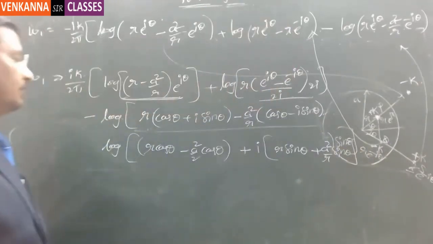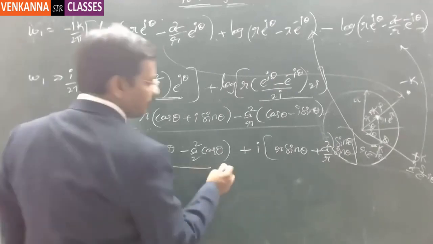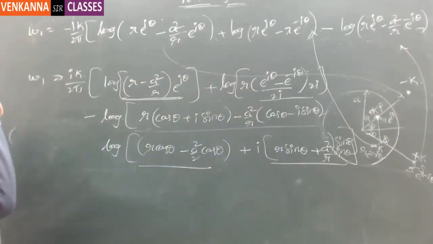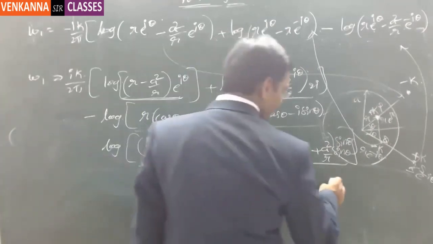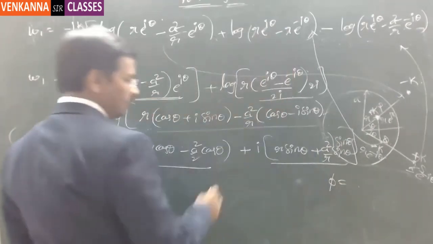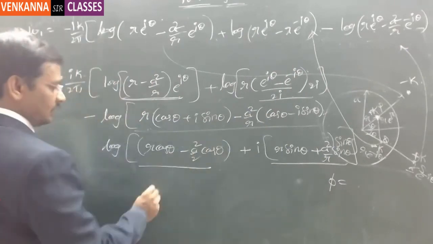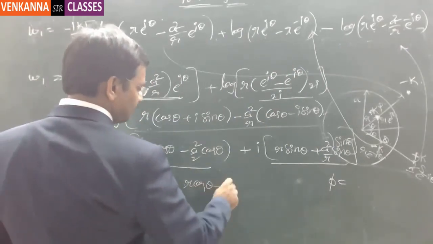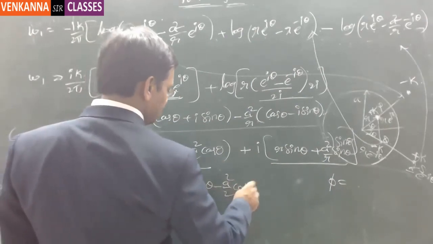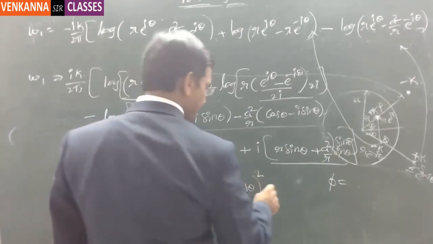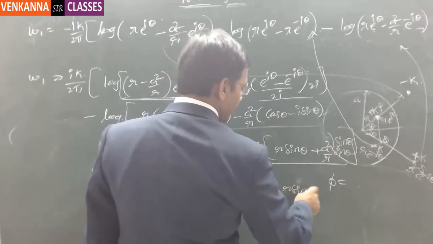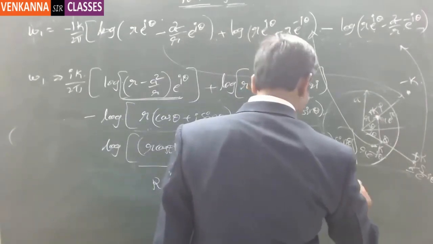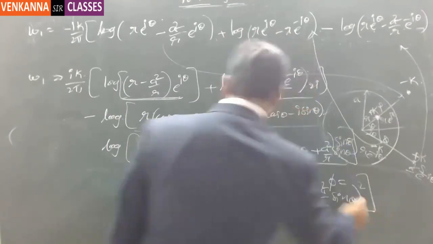So this is how you can write it. Now this part and this part, we will write this in the angle, and I call this angle phi, and then the R value is nothing but the square of this. So capital R is equal to R cos theta minus a square by R cos theta whole square plus R sin theta plus a square by R sin theta whole square, whole power 1 by 2.